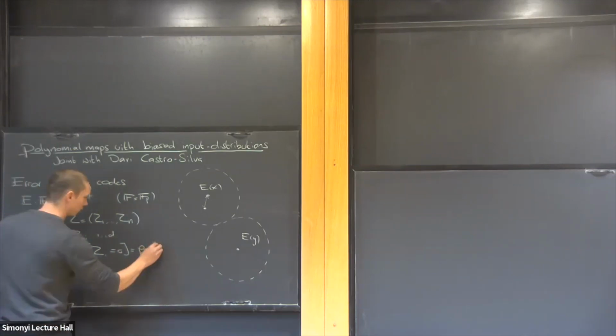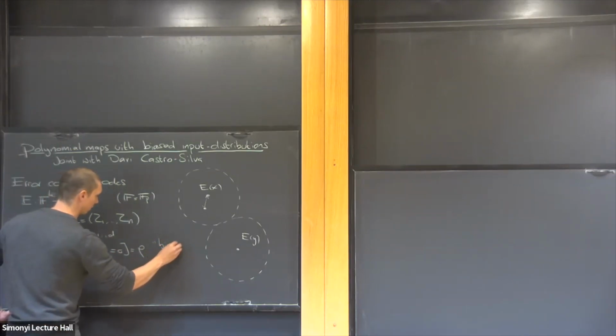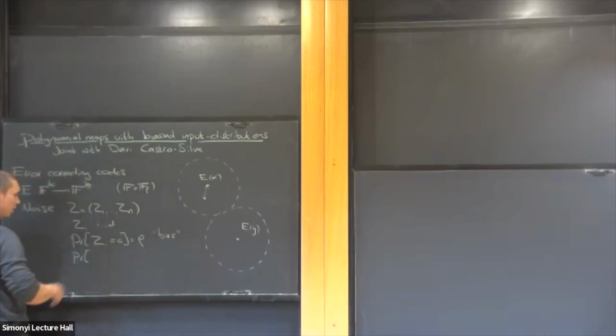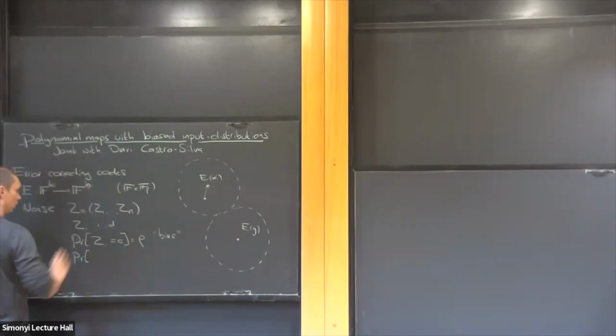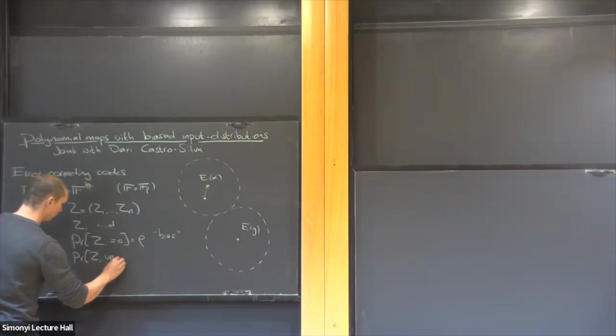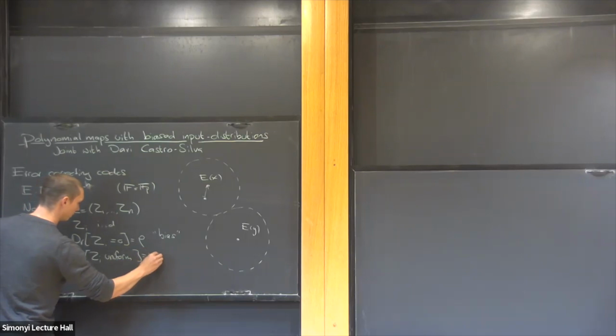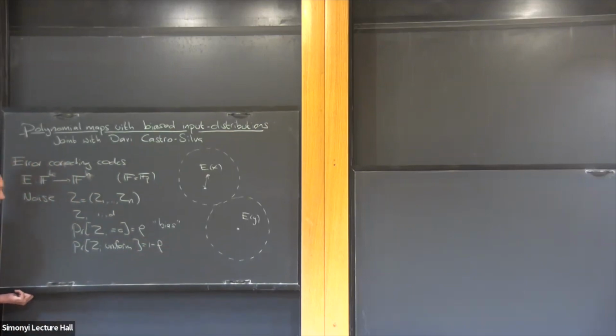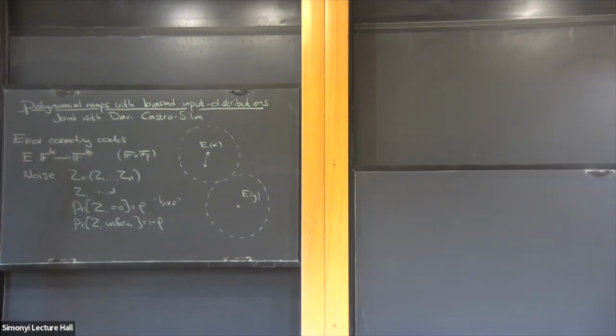I'll refer to this as the bias. And with probability 1 minus rho, z_i is uniformly distributed over the field. So if rho is 0, then Z is just a uniformly distributed random string.